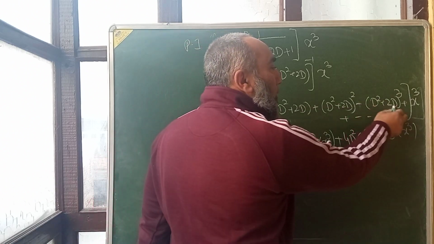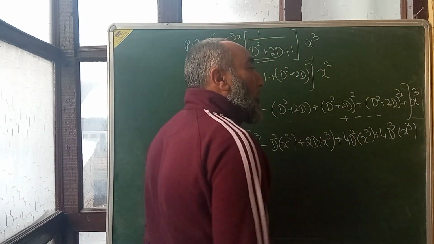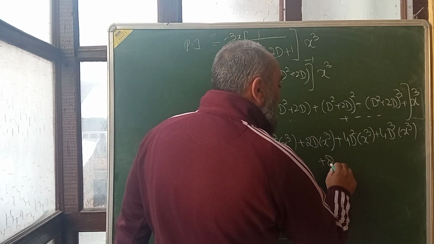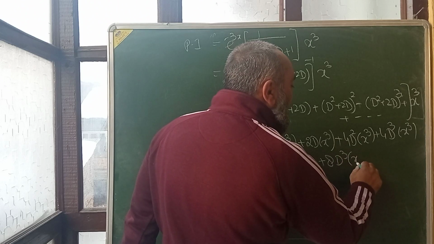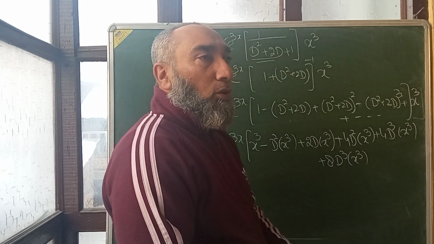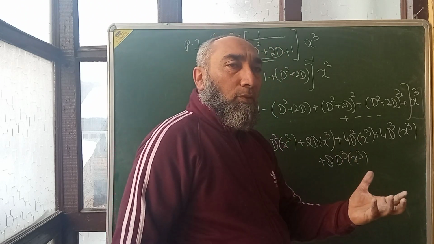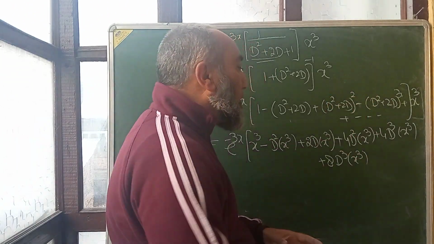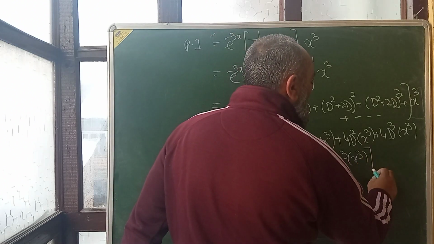This is a plus b whole cube. So a cube is d6, b cube is 8 d cube operating on x cube. Rest will be powers of 4, 5, 6. We don't need to take those.